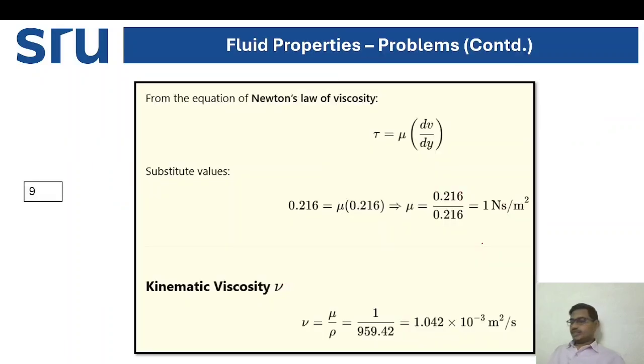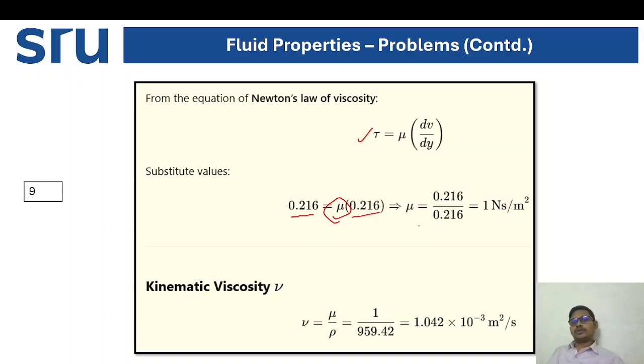So here we can see the fluid properties problem. From the equation of Newton's law of viscosity, it is observed that tau is equal to mu into dv by dy, where tau is equal to 0.216 and dv by dy is 0.216.